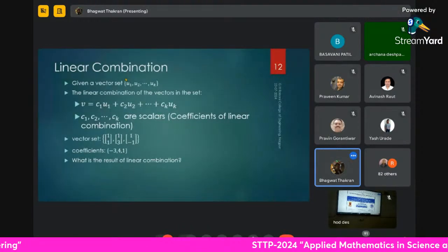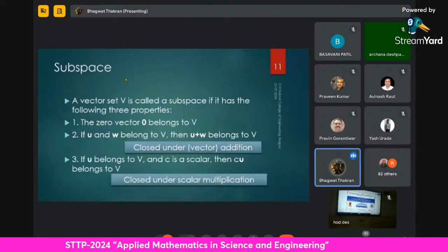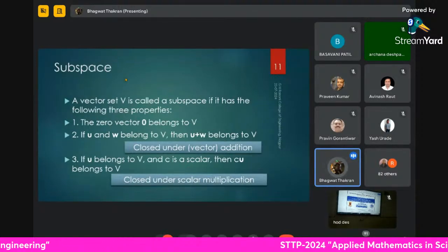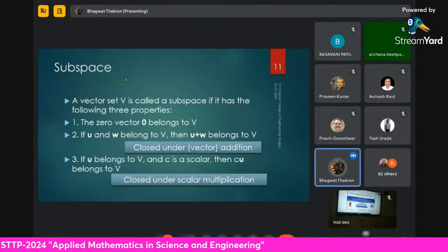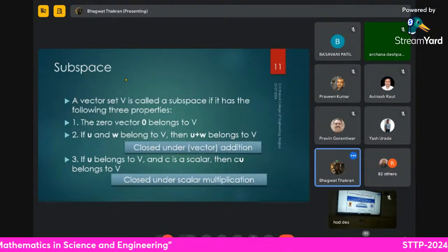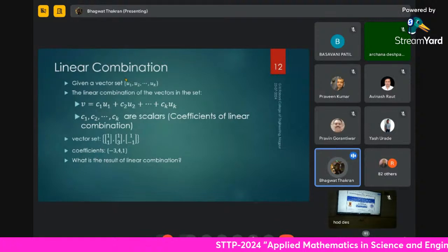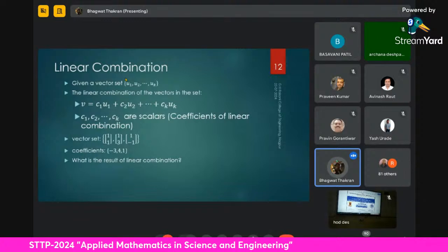Now, once we know that a subspace is a subset of a bigger set, we can consider a subspace of some finite number of vectors. Let's say a vector set u1 to uk. We are going step by step.